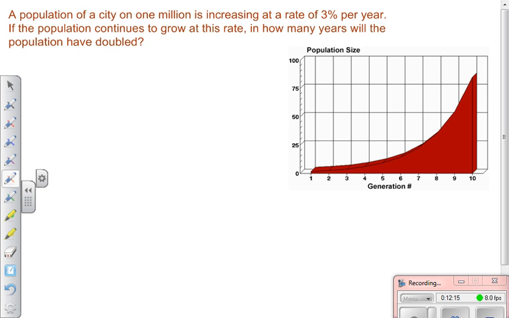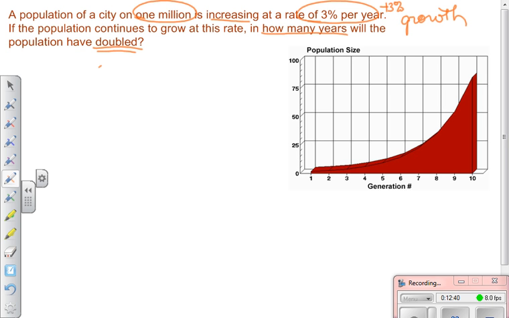So one more example in this section. The population of a city of 1 million is increasing, so now we're talking about a growth model, at a rate of 3% per year, so plus 3%. We're going to get bigger. If the population continues to grow at this rate, in how many years will the population have doubled?